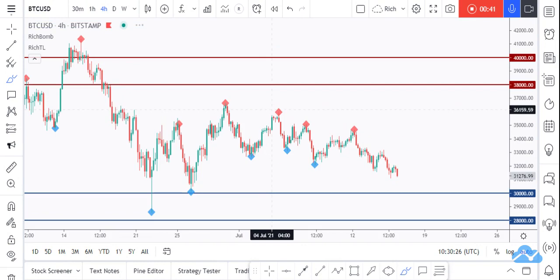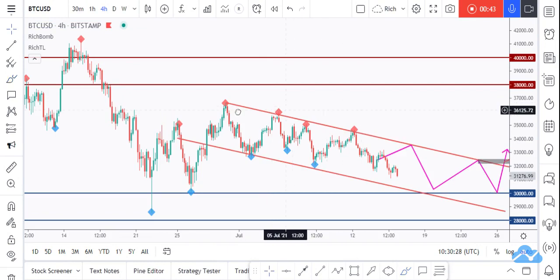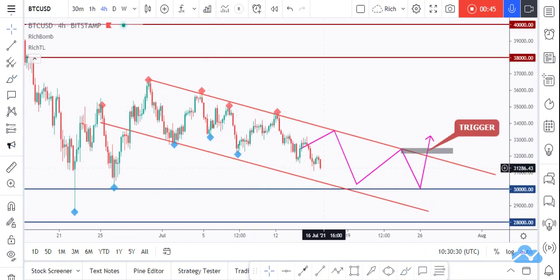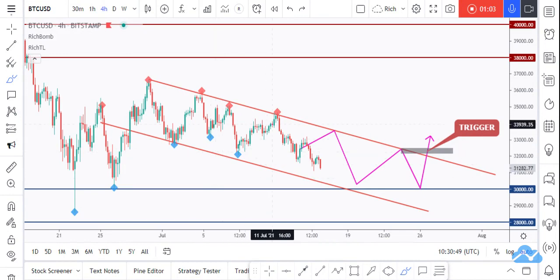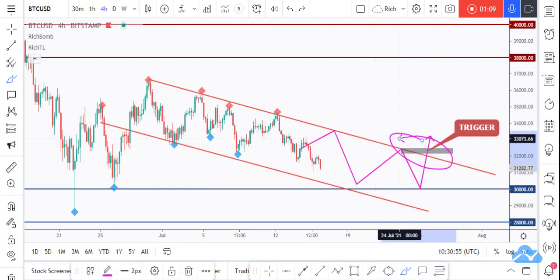If you zoom into the H4 time frame, as per my last video, we're waiting for price to form new swings around the upper trend line, and then we will buy on spec upward. And as mentioned last week, as price approaches the 30k and the lower red trend line, we will also be looking for buy setups on lower time frames. So long story short, from a medium-term perspective on H4, we're waiting for price to approach the 30k, and waiting for price to break above this trend line to buy.